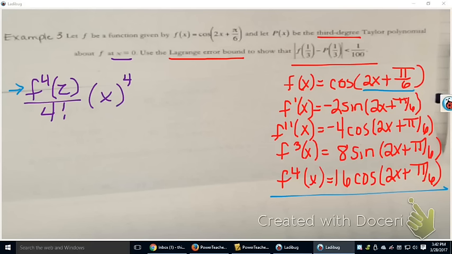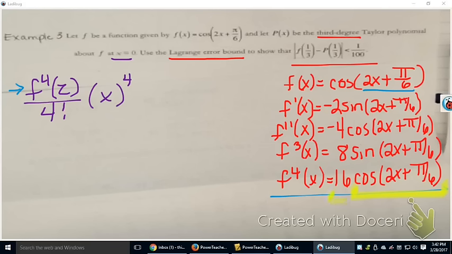The first part that I need to figure out is, what's the biggest value of the fourth derivative? Now, what I know is that if I'm just looking at the cosine part, the biggest value of cosine of something is always 1.